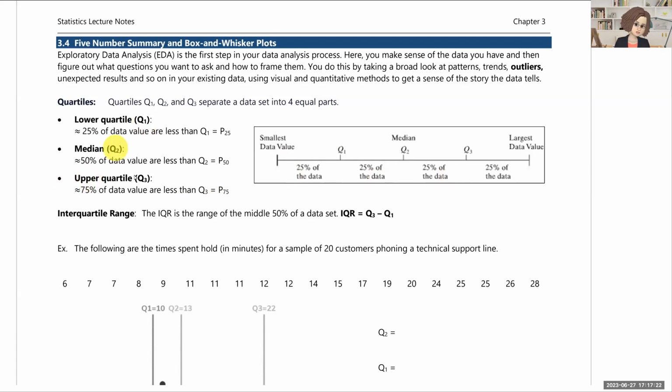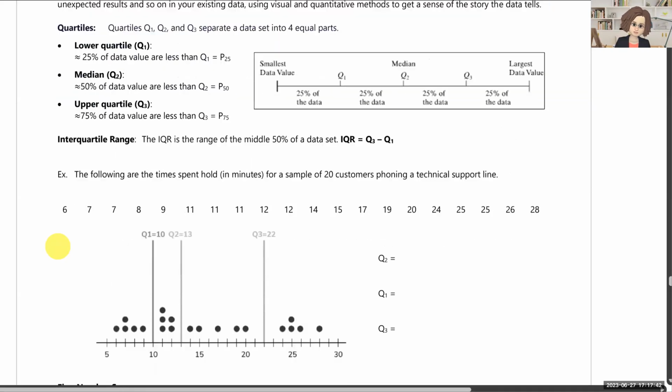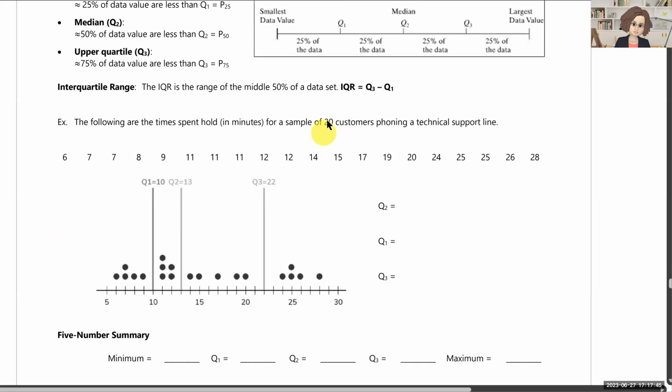Quartiles also have equivalents in percentile version, but we will discuss quartiles generally as Q1, Q2, Q3 as we move forward. I'll return to the interquartile range in a bit, but let's first start with our data set and finding quartiles. With our 20 customers, we'll first find the median, the middle of the list.